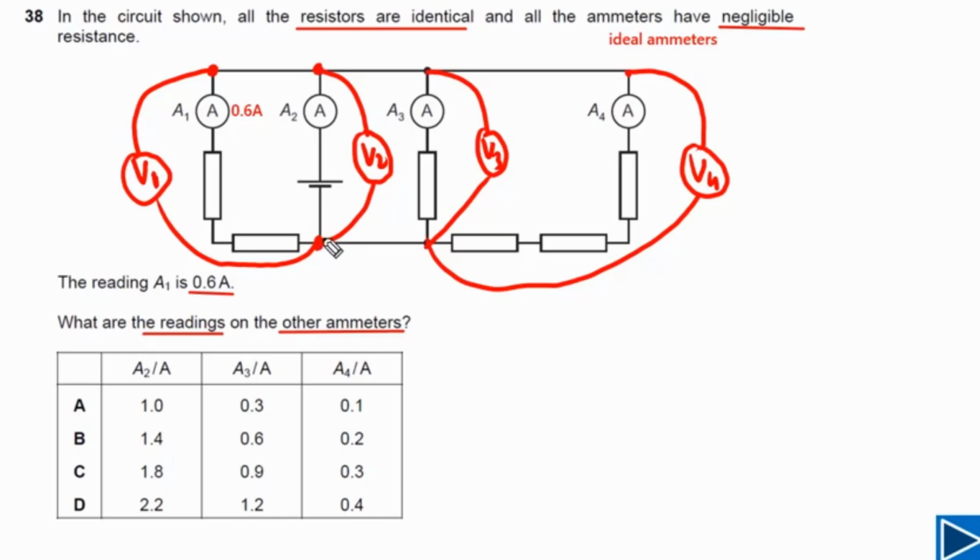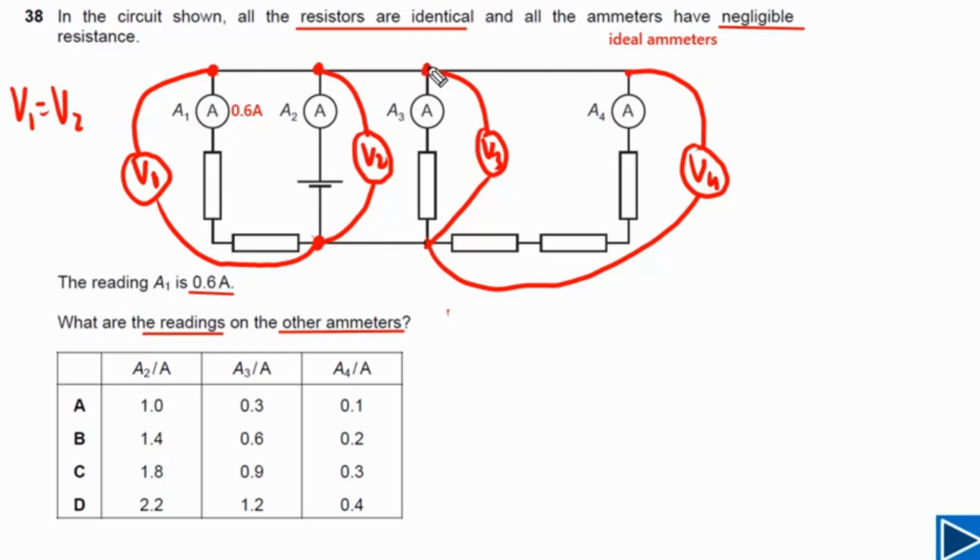So the potential difference across these two branches is the same, because this point is at the same potential as this one, and this point is a common point among these two voltmeters. So V1 is equal to V2, because we are finding the potential difference between the same two points for V1 and also V2.